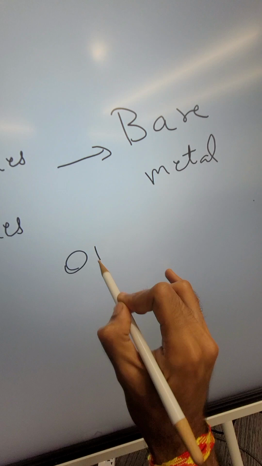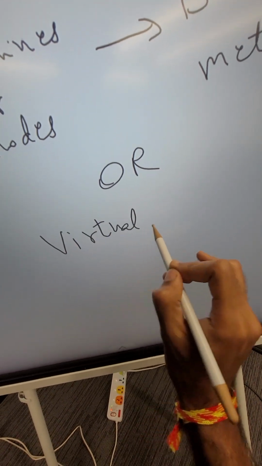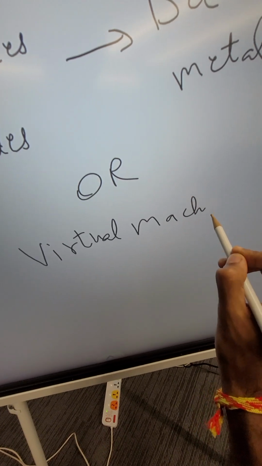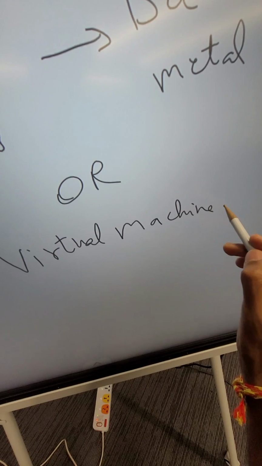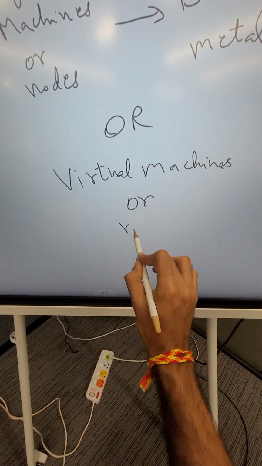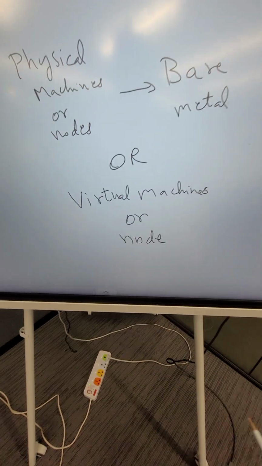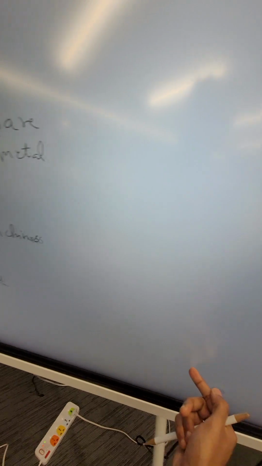Or you have virtual machines inside the physical machines or the bare metal, and you're working with virtual machines mostly, or nodes, right? A node is basically just a computer. So you want to scale this. Now, how do you scale this, right?